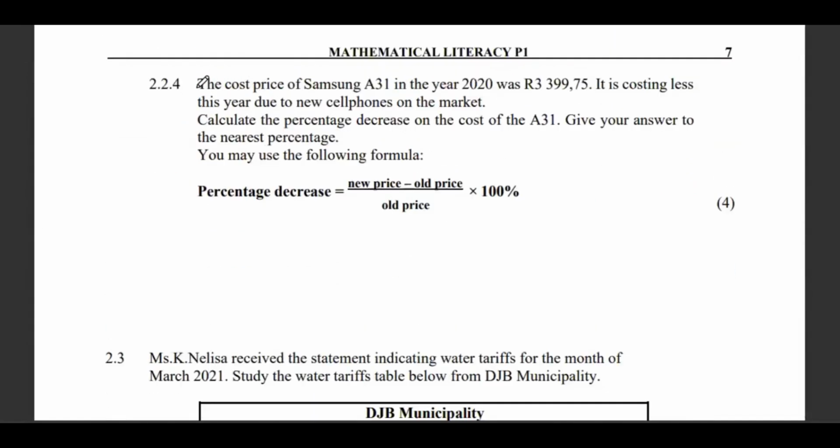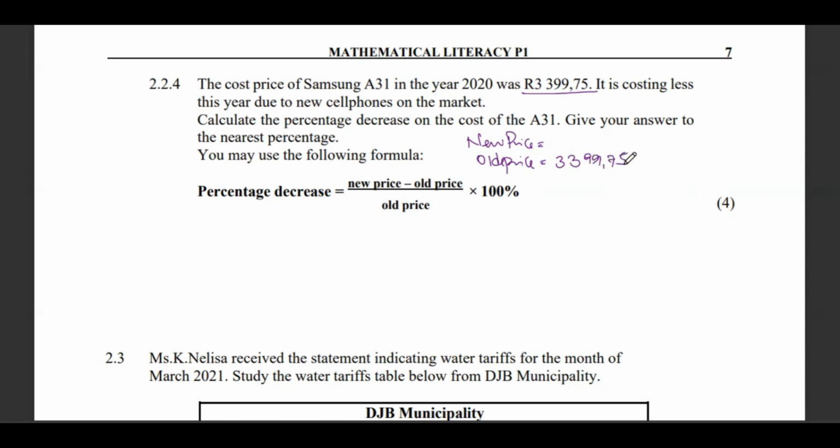2.2.4, it says the cost price of F33 in 2020 was 30,399.75. Now it is costing less this year due to new cell phones on the market. Calculate the percentage decrease of it. So now we need to identify the new price and the old price. Definitely the old price is this one here, 30,399.75 cents.